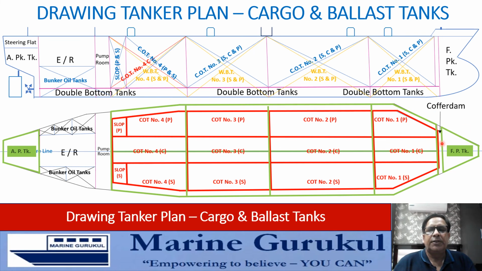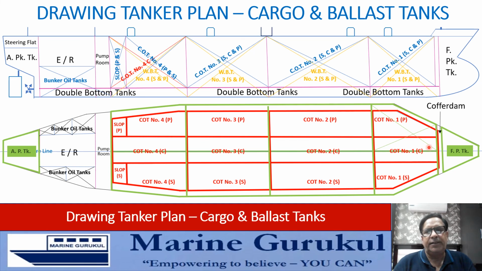Now we know number one water ballast tank extends from this bulkhead of the cofferdam to this bulkhead out here, and basically in the transverse direction in the DB region they are divided by the centerline girder into port and starboard. So we can mark the extent of these water ballast tanks.